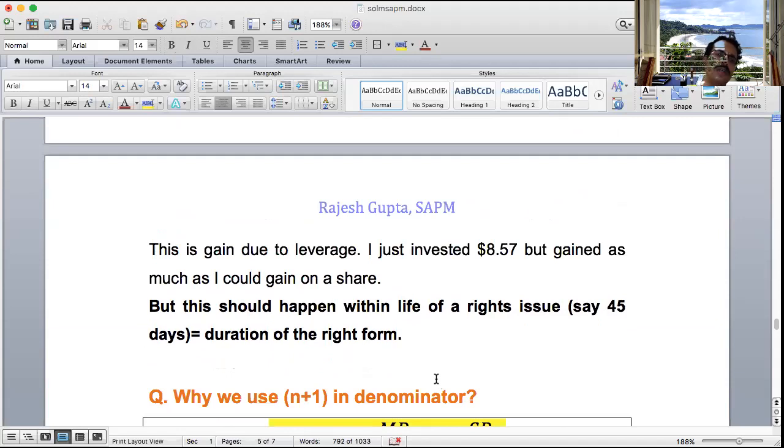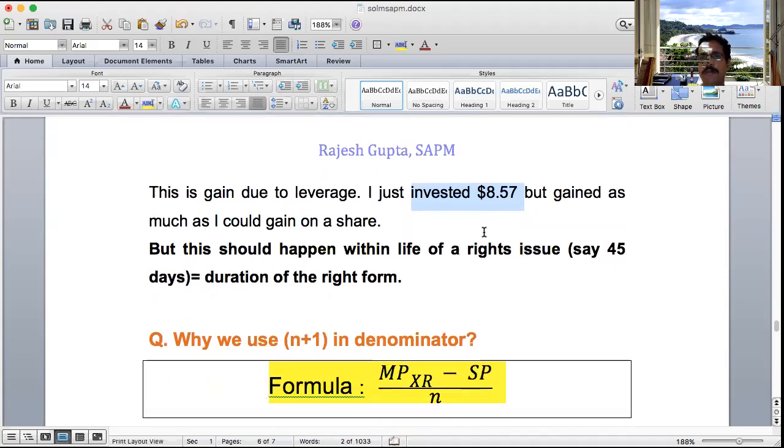Why do you do that? Because of leverage, right? I had to invest only 8.57, but I could gain the same amount as I could have got on a share. So actually, on a very small investment, I'm going to get a large gain, and that's why rights are supposed to be traded. But this should happen within the life of rights issue. So life of rights issue might be 45 days. That is the duration in which you have to fill up the right form and submit to the firm.